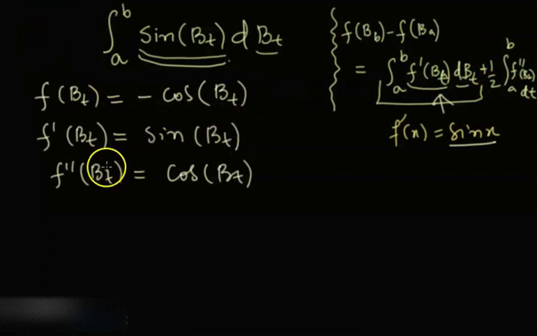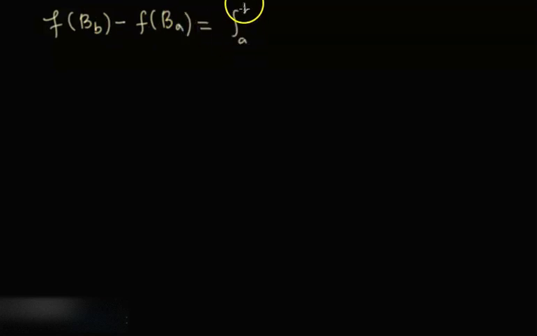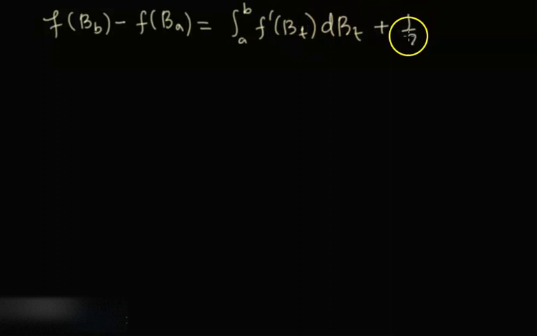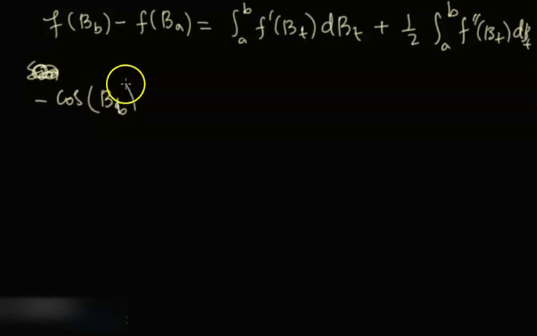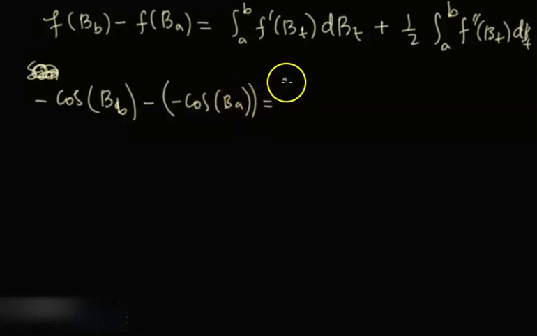So f(B_b) minus f(B_a) is equal to the integral from a to b of the first derivative at B_t dB_t plus 1/2 the integral from a to b of the second derivative dt. Since f(x) is minus cos x, this is going to be minus cos of B_b, and then minus, again minus cos of B_a, equal to the integral from a to b.